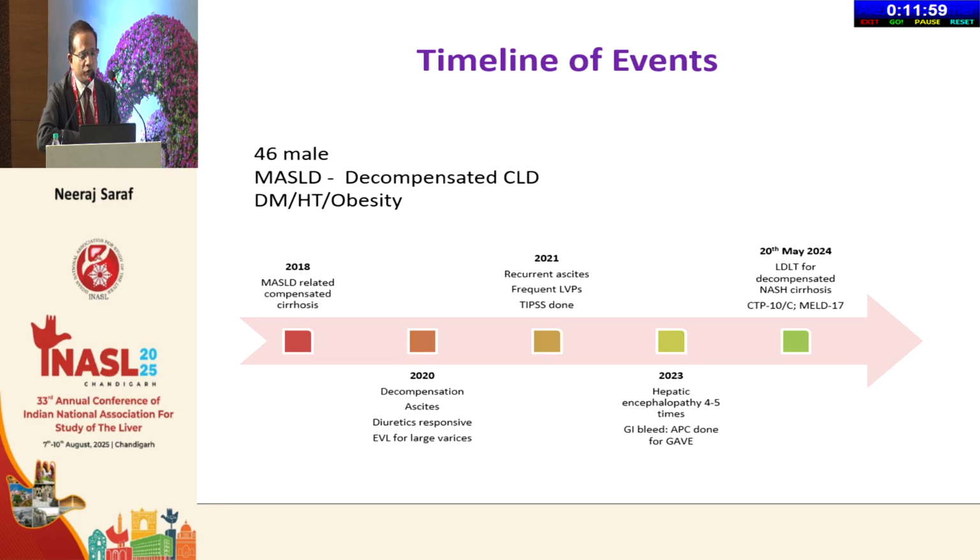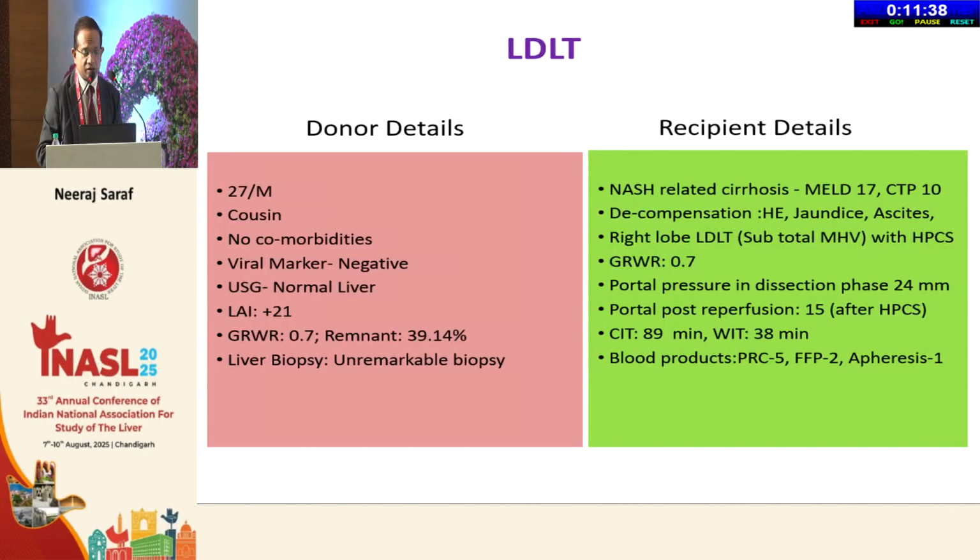This is a 46-year-old male transplanted for decompensated chronic liver disease, diabetic, hypertensive, obese. He had frequent LVPs, or TIPS was done a few years ago. Then he started developing encephalopathy, and then a transplant was done last year for MASLD-related CLD.